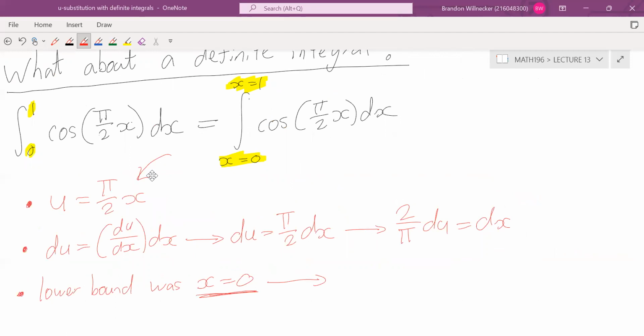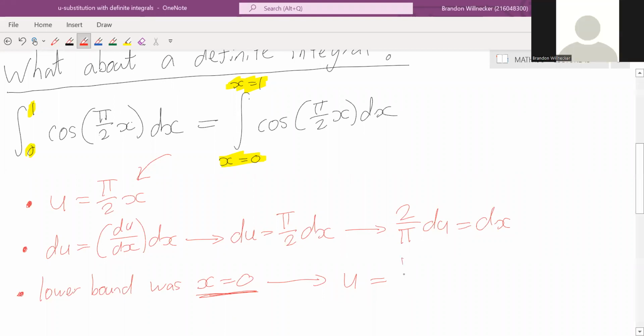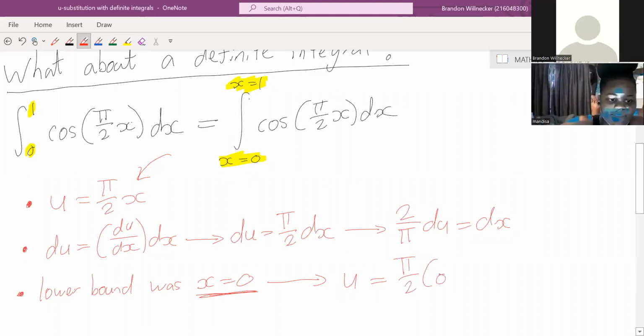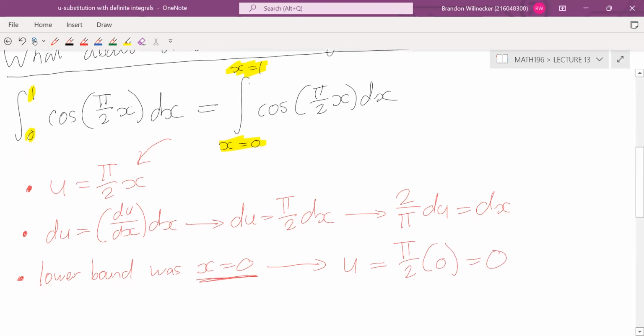When x is equal to 0, we now have that u is equal to 0, because pi over 2 times 0 is 0. So let's write that in here. This is going to be pi over 2 times 0, and that's going to give us 0 for the lower bound. So this becomes our new lower bound.